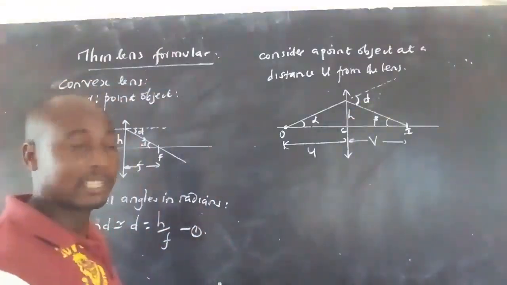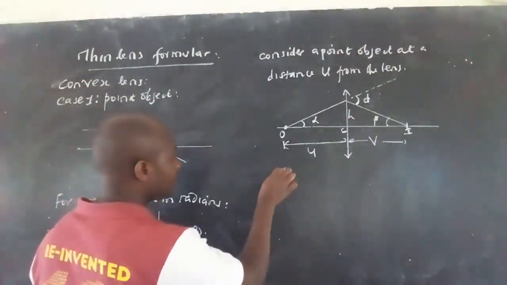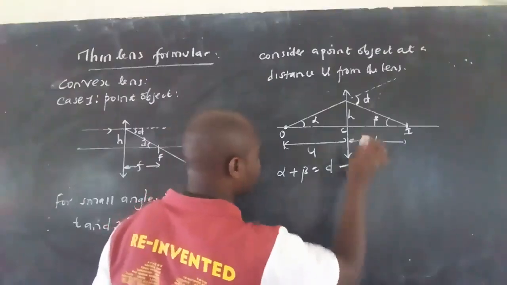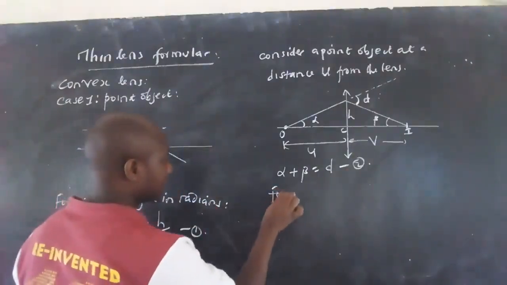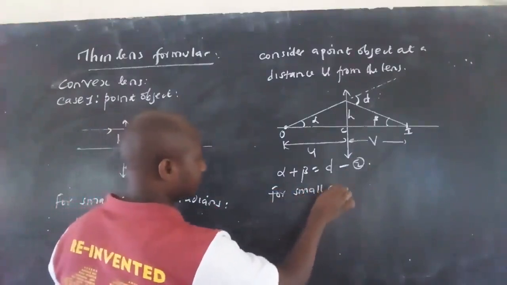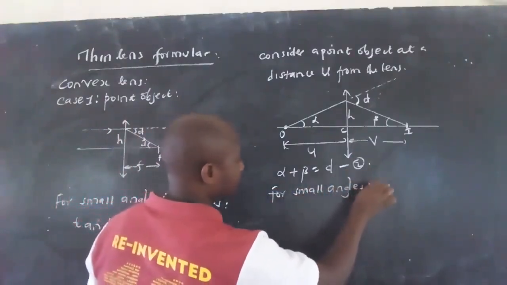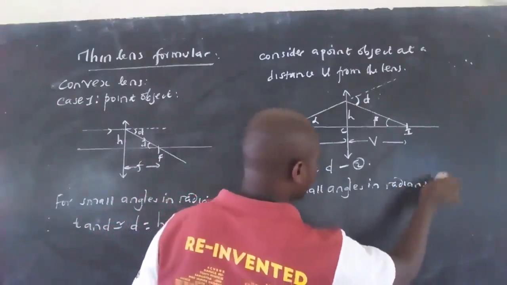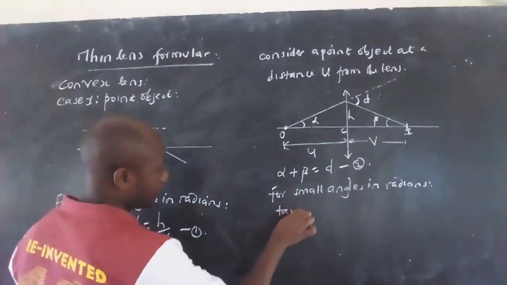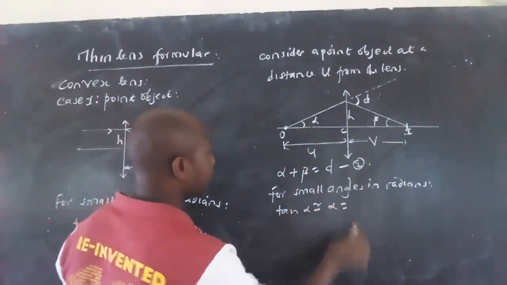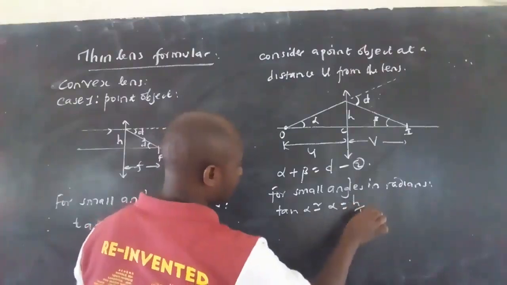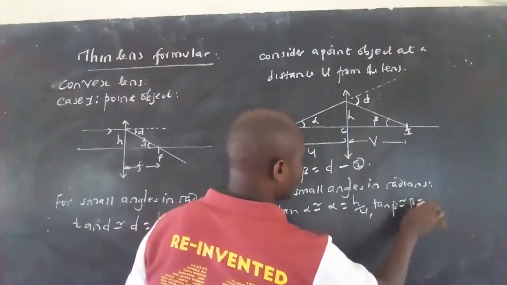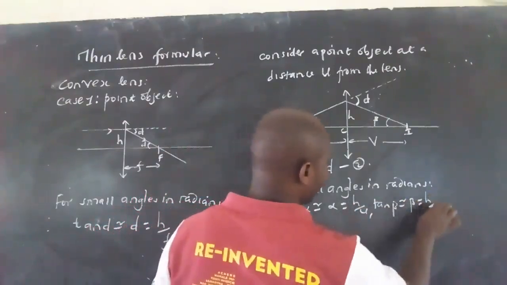Then we shall say that the sum of two interior angles adds up to one exterior angle. That's equation 2. For small angles in radians, tan of alpha is approximately equal to alpha, which is h over u. Tan of beta is approximately beta, which is h over v.